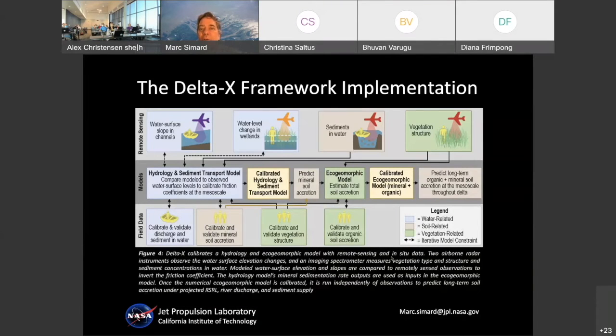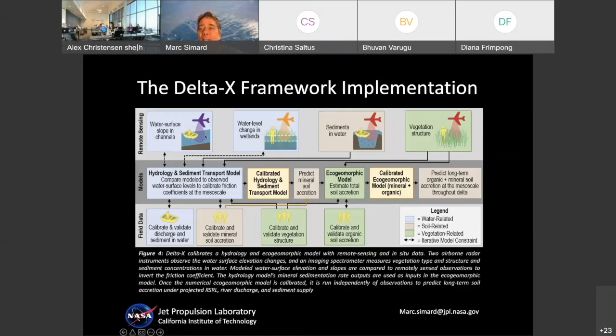So the Delta X framework implementation goes like this. We have a series of hydrodynamic and ecological models, which are represented here in the middle row of this diagram. And these models are sandwiched between airborne remote sensing measurements, which are at the top row here, and in situ measurements, which are at the bottom row. The in situ field measurements are used to calibrate and validate the remote sensing data, but also the hydrodynamic and ecological model.